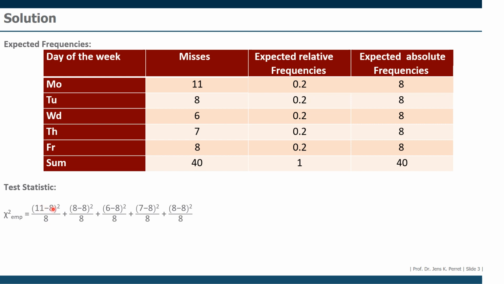So it's always actual minus expected, the result is squared, then divided by expected. We're doing this for all 5 parts here, for the 11, the 8, the 6, the 7, and the other 8.